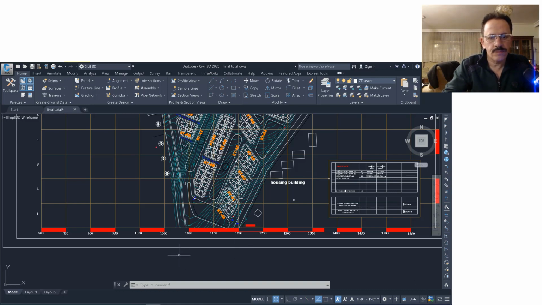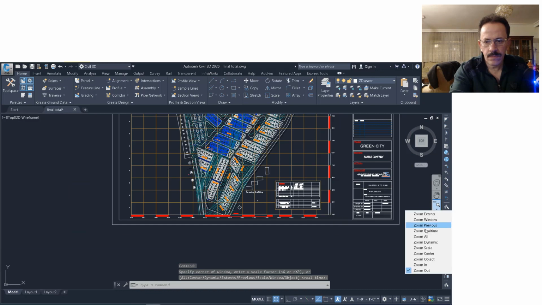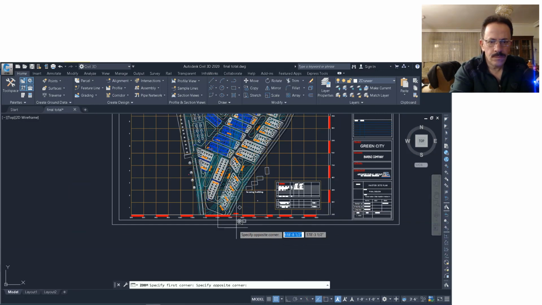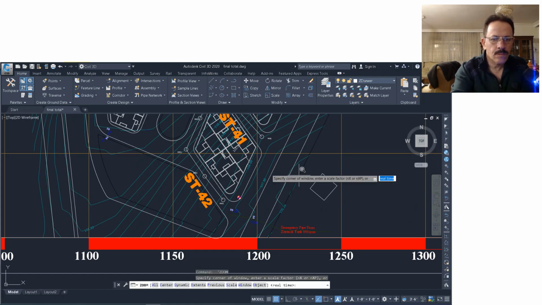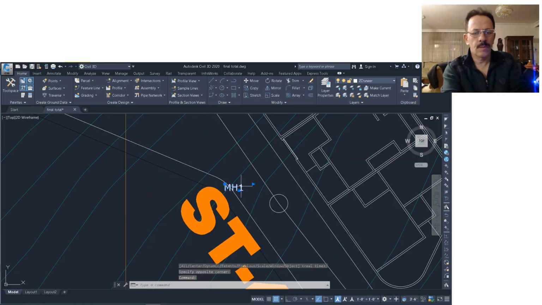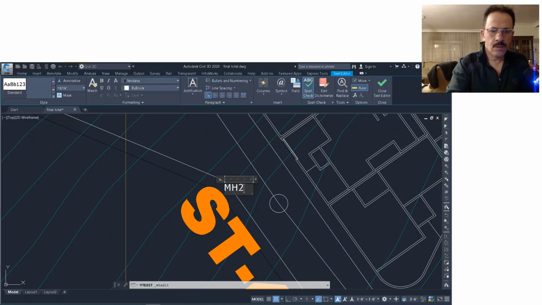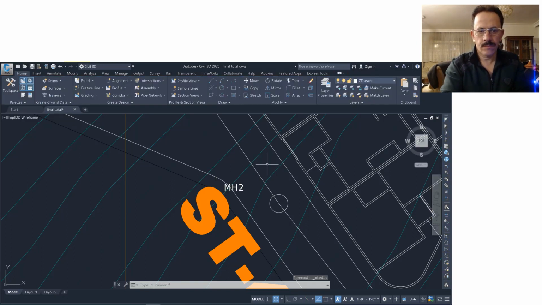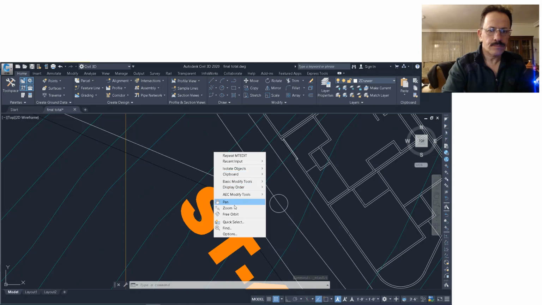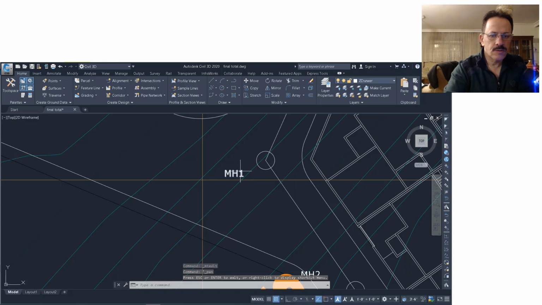Okay, so after numbering the whole thing, we should make this one equal to 2. And this should be 3.